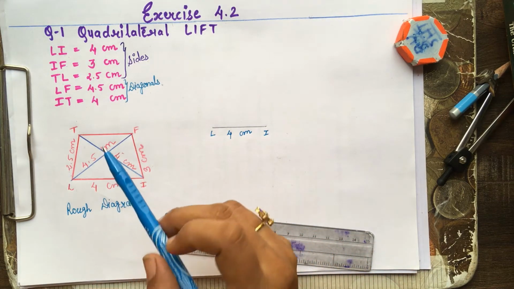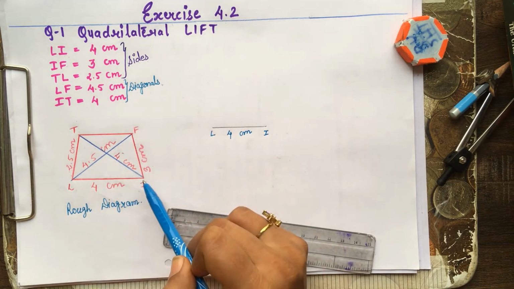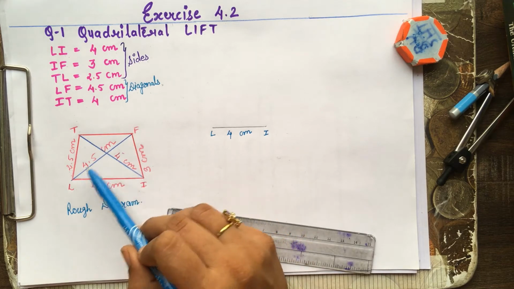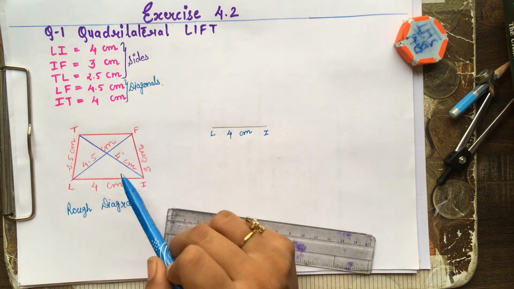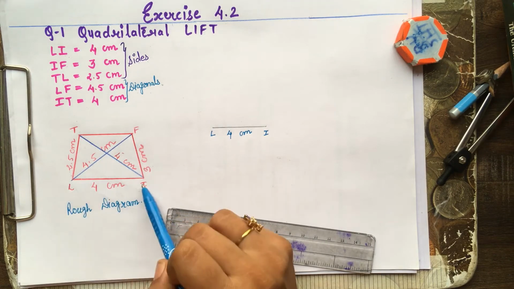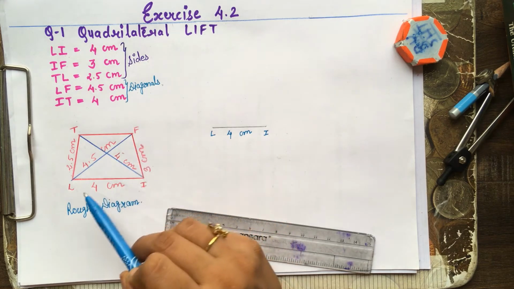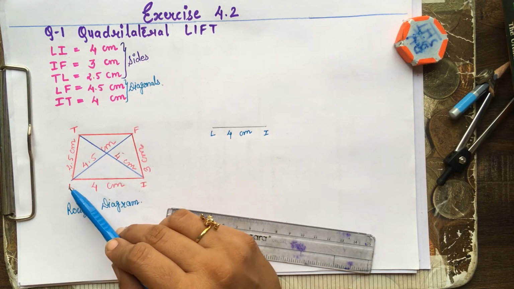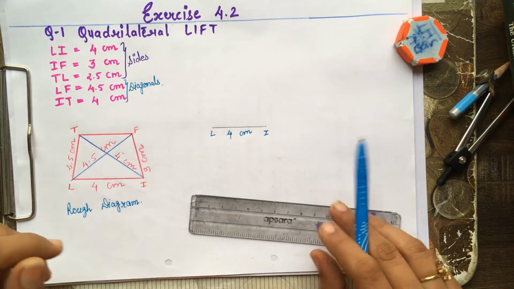Next we will go for LF. We can also go for IT. We have to construct either LIF triangle or we can go for LIT triangle. First we will start with LIF. So for that we will take the radius of 4.5 cm.